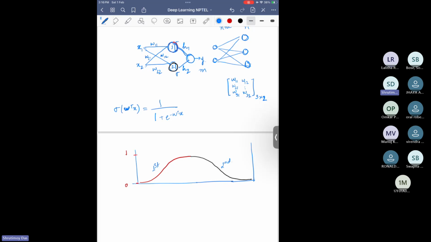Based on this, if your data lies between this and this quantity, in this region, it is a positive class. If it lies in this other region, it is a negative class. This is for two features or two neurons that you want to use.